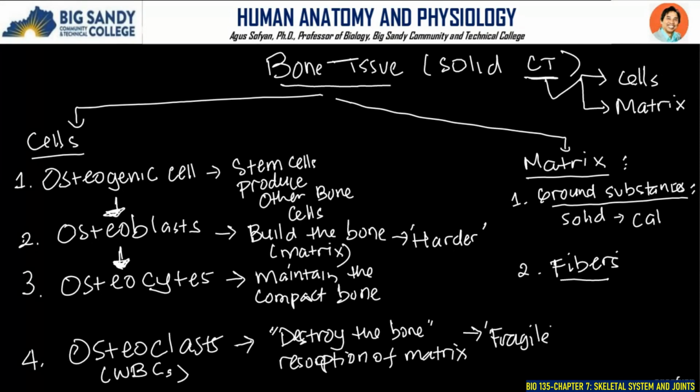Okay, so the ground substances for the bone tissue is a solid ground substances which is made of calcium. This is a very important mineral in our body. Calcium, it will make the bone become solid or harder. So this is related to this. Okay, harder bone is because of more calcium in it. It's become solid bone. And then the fibers, remember there are three types of fiber: reticular, elastic, and collagen fibers, right?